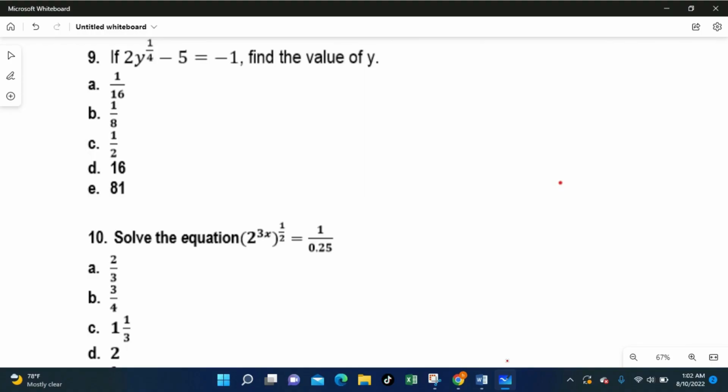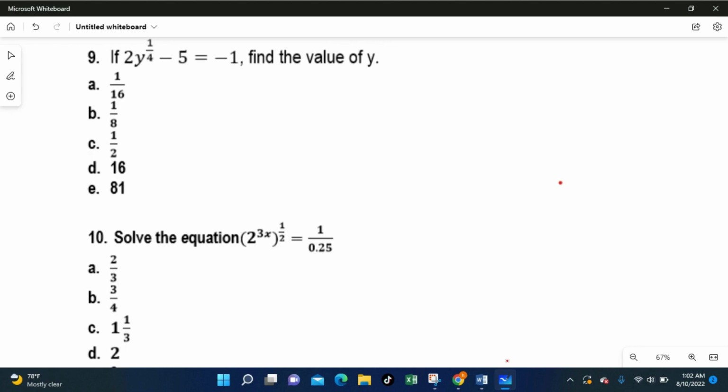Now let's look at how we apply these key things in solving question number 9. Take note as we solve this question how we are going to apply these key things we've just explained to you.